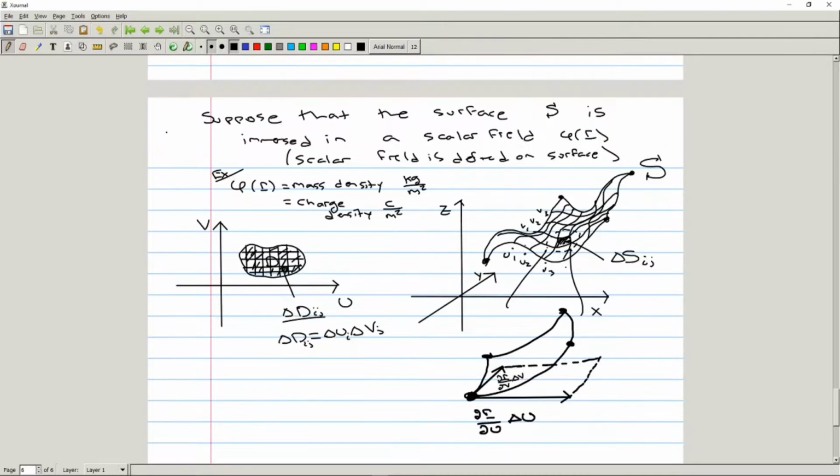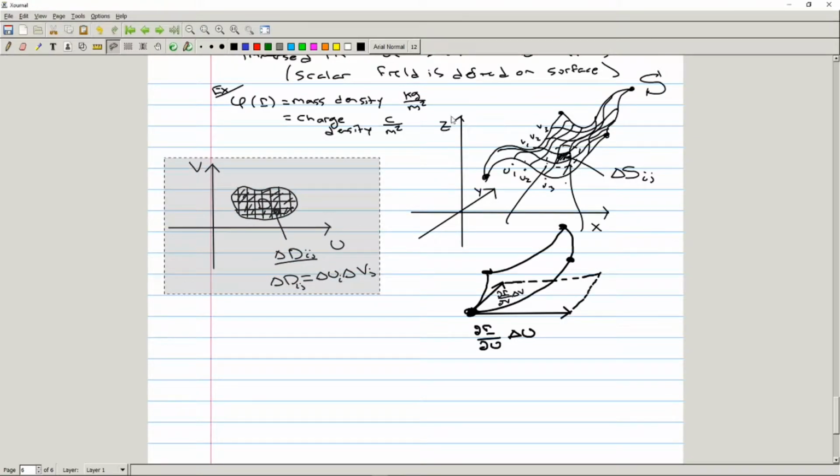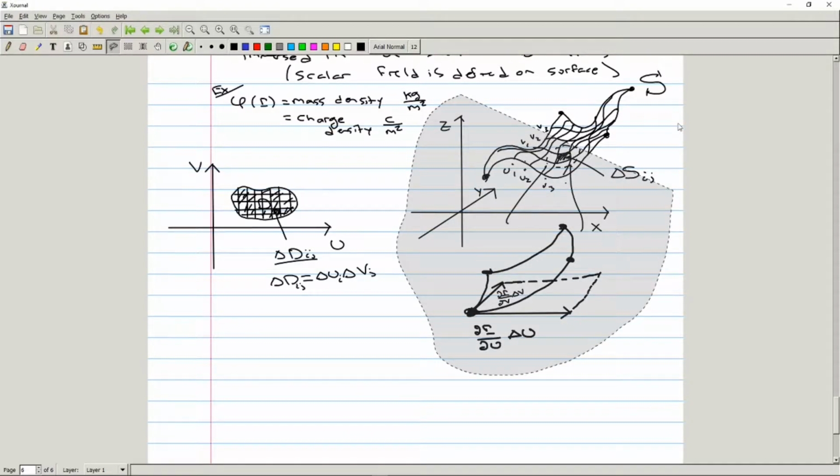But assume that we have this scalar field defined on the surface, and we want to figure out the total accumulation of this scalar field on the surface in question.